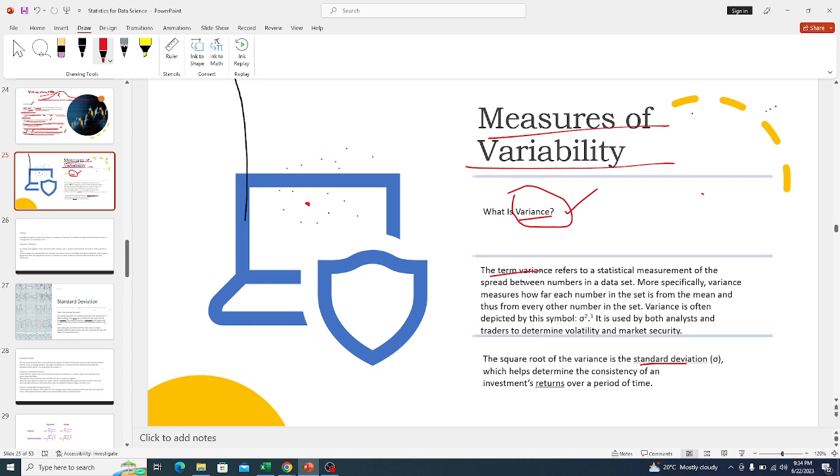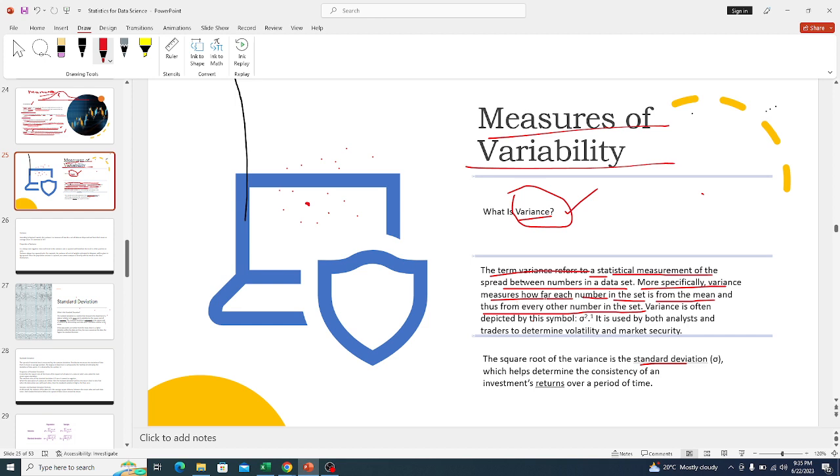So in terms of variance, in statistics, we say that variance refers to a statistical measure of the spread between what? Between numbers in a dataset. More specifically, variance measures how far each number in the set is from the mean, and from every other number in the set.